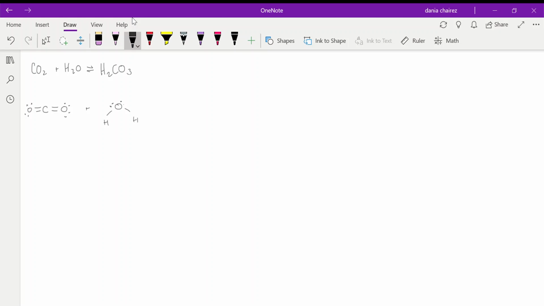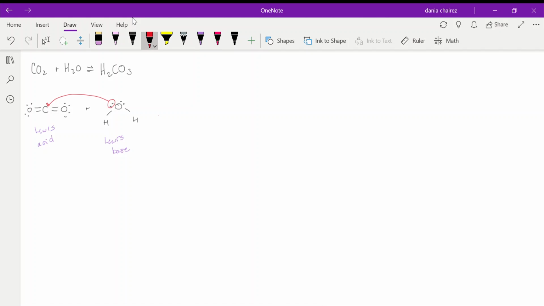So again, we can see that with our water, we have these lone pairs that can attach to this one. So since the water is donating the lone pair, this is our Lewis base, and this is our Lewis acid. So yeah, it's as easy as that.